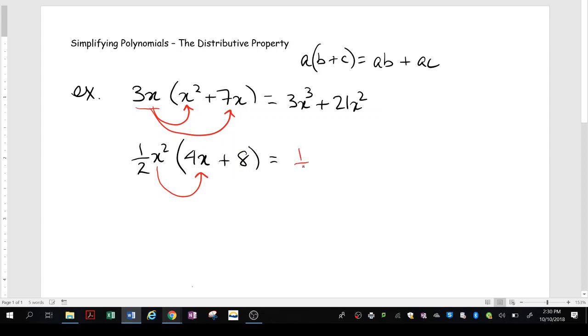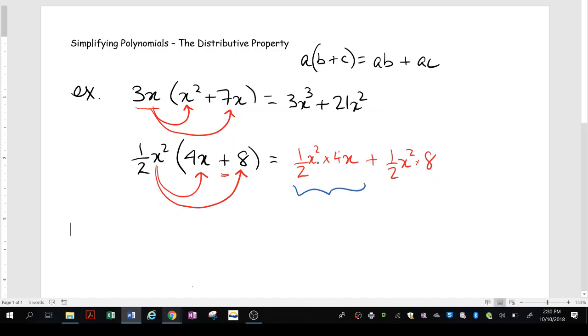So that gives 1/2 x squared times 4x, and we can simplify that. We'll do that in a minute. Then we're going to take our term and multiply by 8, and we're adding these two together, so we have 1/2 x squared multiplied by 8. Now let's reduce these two terms.